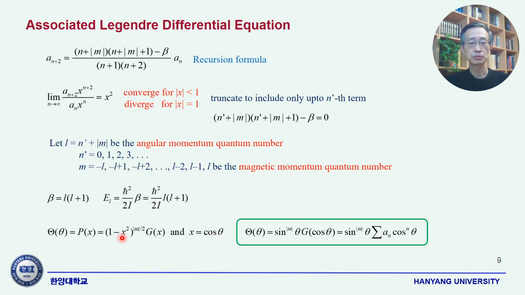Putting these back into each position, since 1 minus cosine squared theta is sine squared theta, Theta of theta equals sine to the power m of theta times g of cosine theta, which is the sum of a_n cosine to the n theta. So this is our solution.